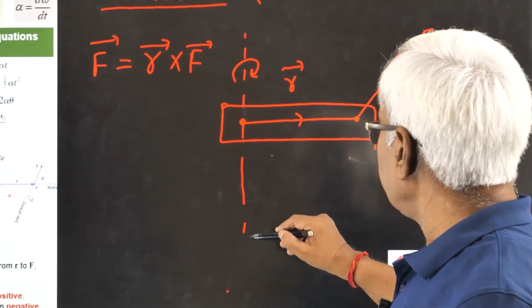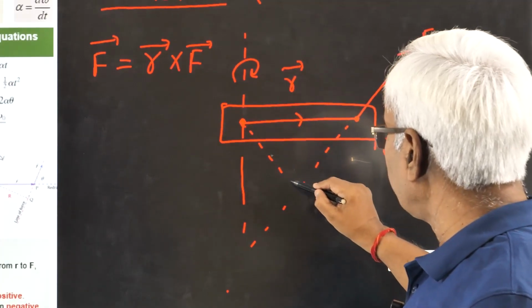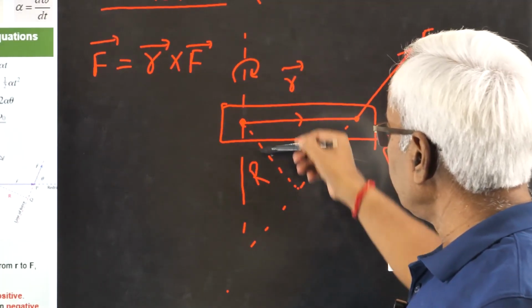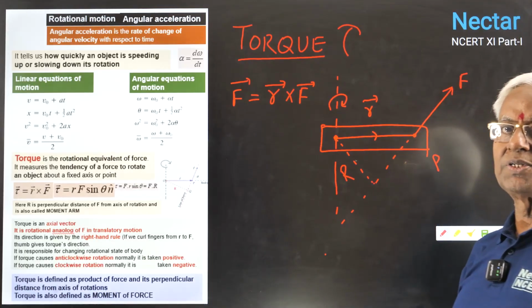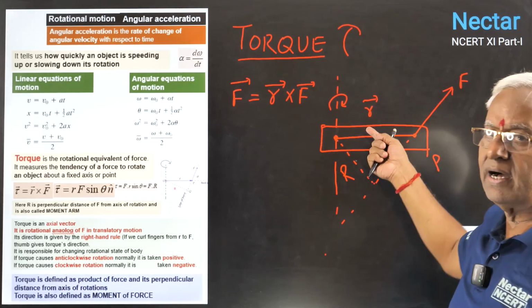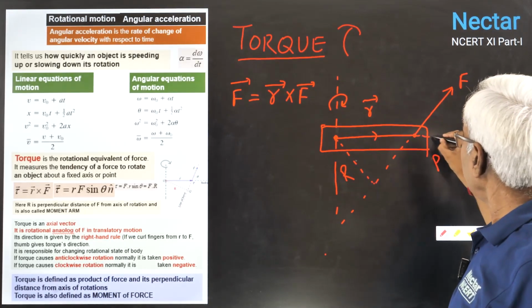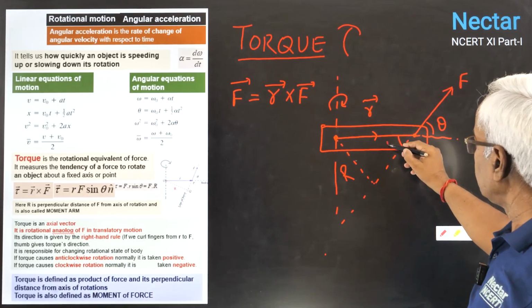Now a little geometrical change in this figure. Draw a perpendicular from the axis. This is known as the perpendicular distance between the axis of rotation and the force. See, this angle is theta, and this will also be theta.